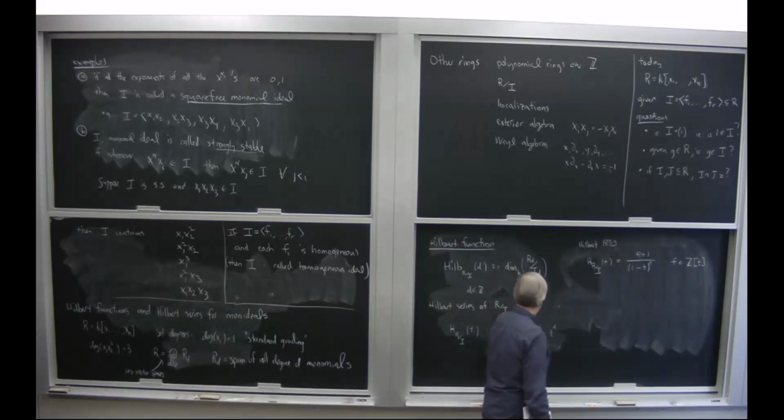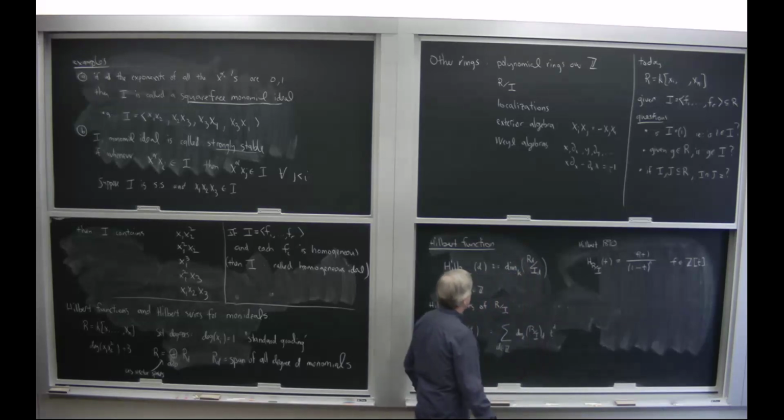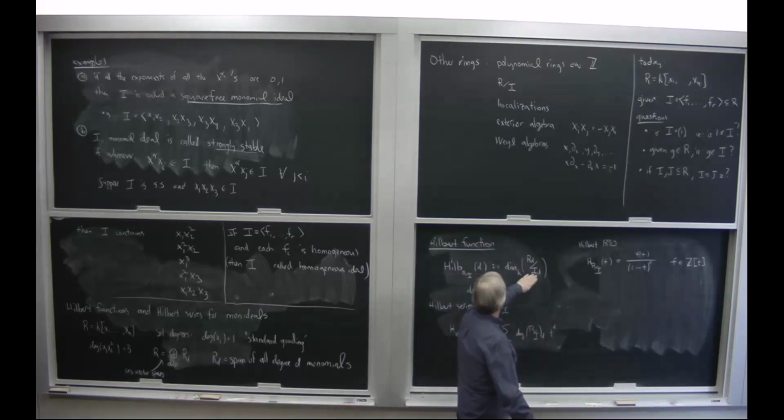Because otherwise R_D mod I_D is a quotient of vector spaces. Yeah, R_D is a vector space, and I_D is a subvector space of it, and so R_D mod I_D is precisely the same thing as the degree D part of R mod I. So yeah, I did mean that. This is the way I would normally write it, but this is just to make sure that it's a nice friendly vector space computation.